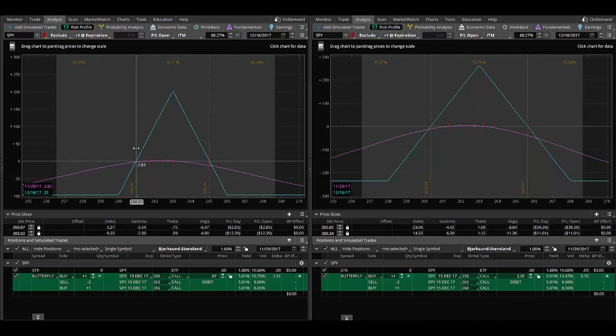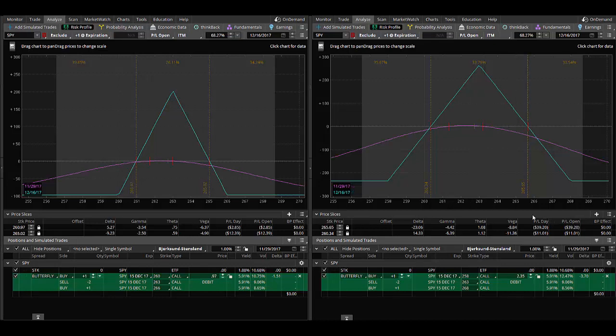So if this gives me a range of approximately 261 to 265 as the break-evens, the $5 width butterfly is giving me 260.33, which is giving me about another 70 cents, 75 cents or so on each side where you're still within the break-evens.